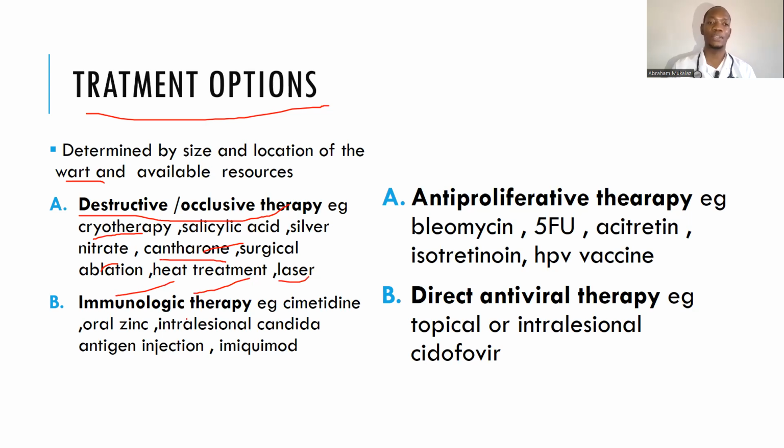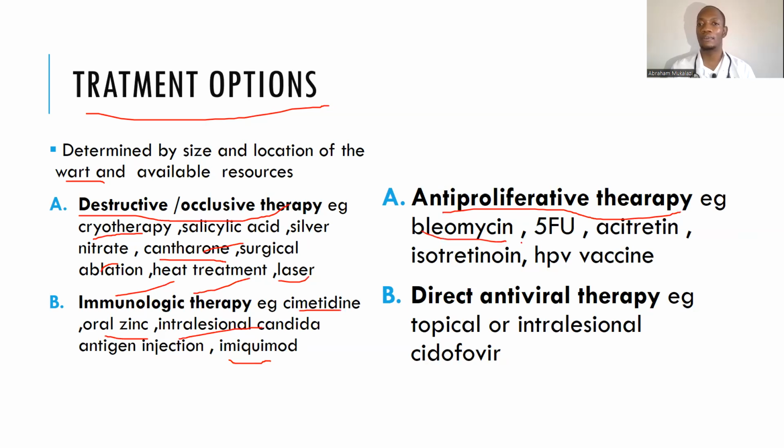Then we can have what you call immunological methods. So you can give things like cimetidine, oral zinc, intralesional candida antigens, and then imiquimod. All these are immune modulators that try to wake up your immune system, triggering it to fight the infection. You can also give antiproliferative therapy. These drugs prevent increased turnover of the epidermis.